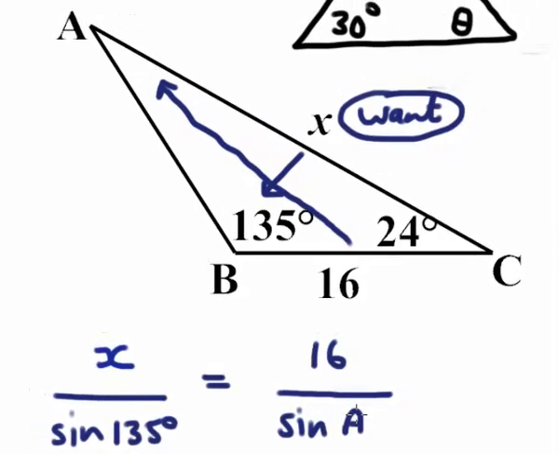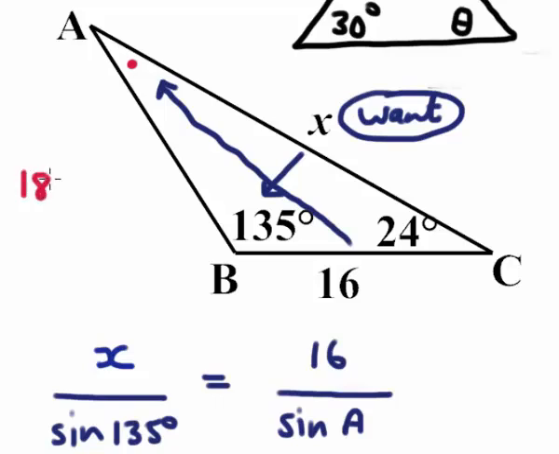Alright, but now the question is, how on earth are we going to work out this value for x if you've got an unknown here? But that's not a problem, because do you know why? Think about it. If that's 135 and that's 24, then angle A, this angle here, is obtained by saying simply this.